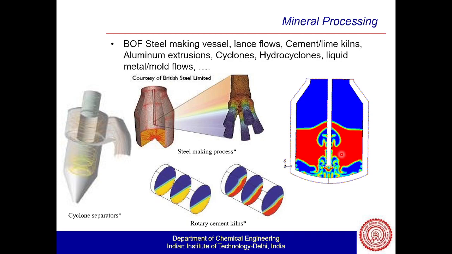But one thing is that it is difficult to do experiments for this case. And in our lab, what we do is go for a cold flow model. So a cold flow model is, what should I say, we are replacing the molten iron with water, since water and the molten iron have the same viscosity.